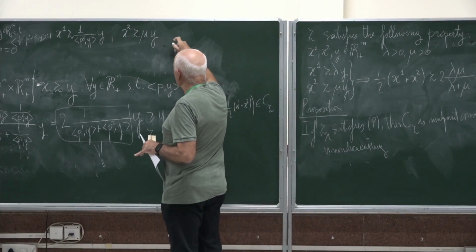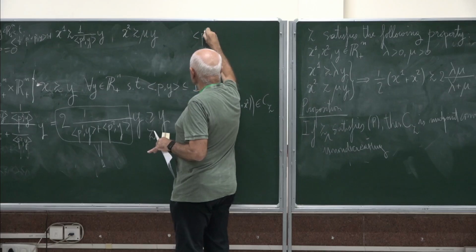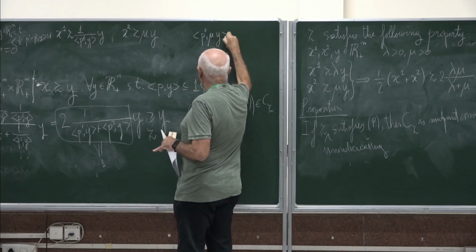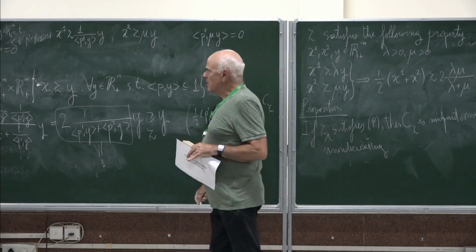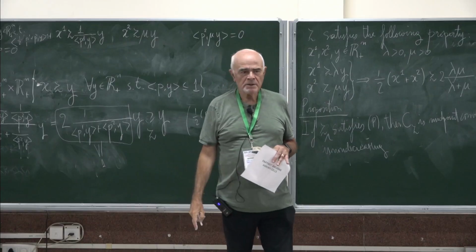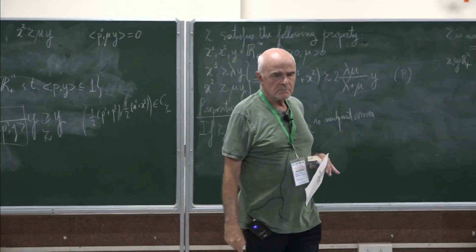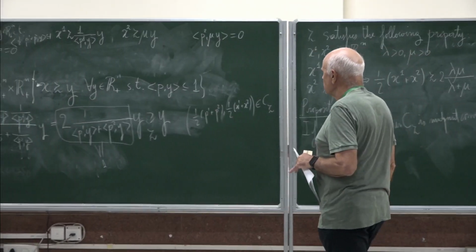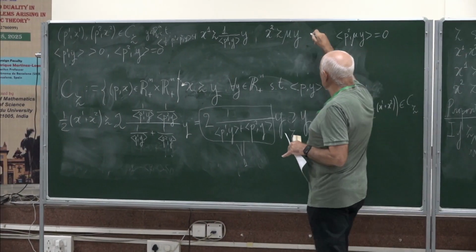Because if you compute P2 mu y, then this is 0 because P2y is equal to 0. No? Then this is true for every mu.